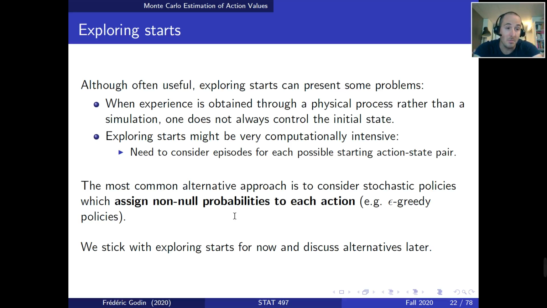An alternative that we could contemplate, which might be better, is to consider stochastic policies which continuously explore. Instead of exploring only at the first stage, you could have possible exploration on all time steps.